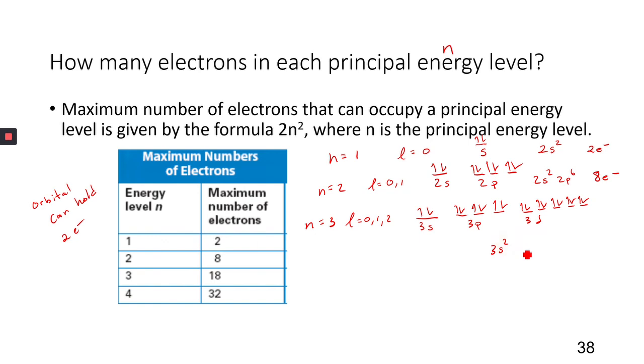You have 3s with 2 electrons, 3p with 6 electrons, and 3d with 10 electrons. When you add that up, it's 18. Now we could keep doing this, or we could just use the relationship 2n squared, where n is your principal energy level. So let's say n is 5. What is 5 squared? 25, and 2 times that means it could hold 50 electrons.